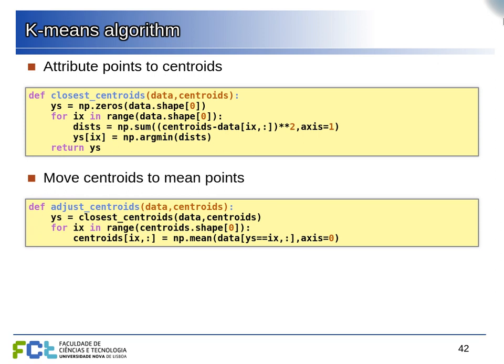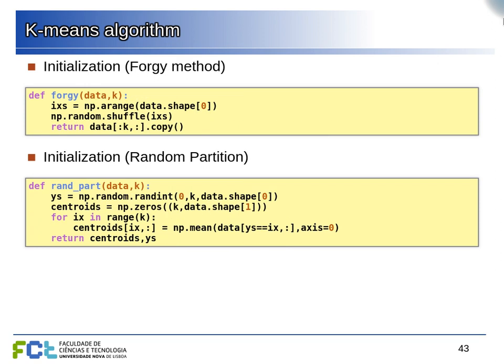Then, to move the centroids to the new location, for each centroid, we compute the mean point of all the data points that are labeled for that cluster. So we change the position of the centroid by computing the mean points of each cluster.